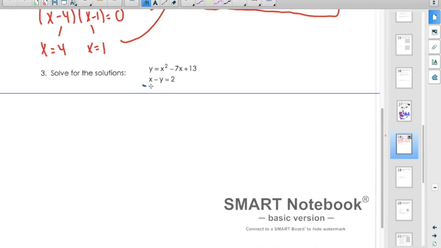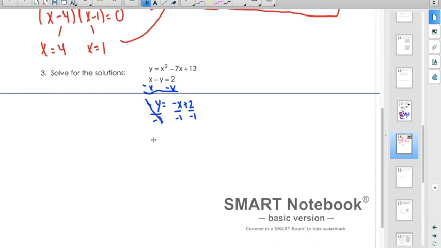We gotta get y by itself, so let's subtract x from both sides. I'll be left with a negative y equals negative x plus 2. Negative y will not work. I'll have to divide everything by negative 1. Divide by negative 1, divide by negative 1, divide by negative 1.